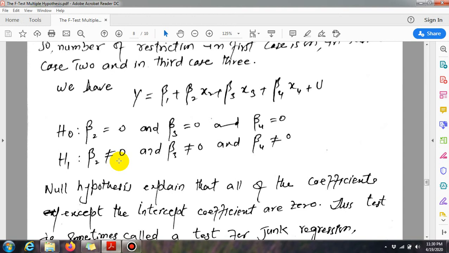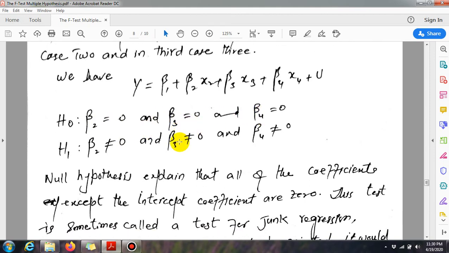Keep in mind that you cannot use a single equal sign for all the parameters, because this will reduce your restrictions. So you have to write it in separate form in the multiple case.